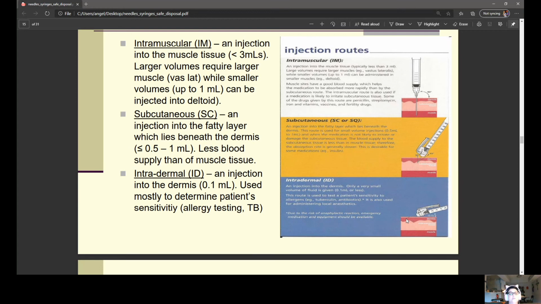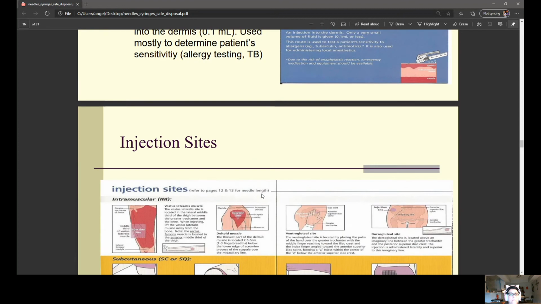And that's how, with TB testing, you want that visible bubble. Intradermal is also sometimes used for anesthetics, and for allergens and things like allergy testing. But the main thing to remember is you would never put more than 0.1 ml, okay?